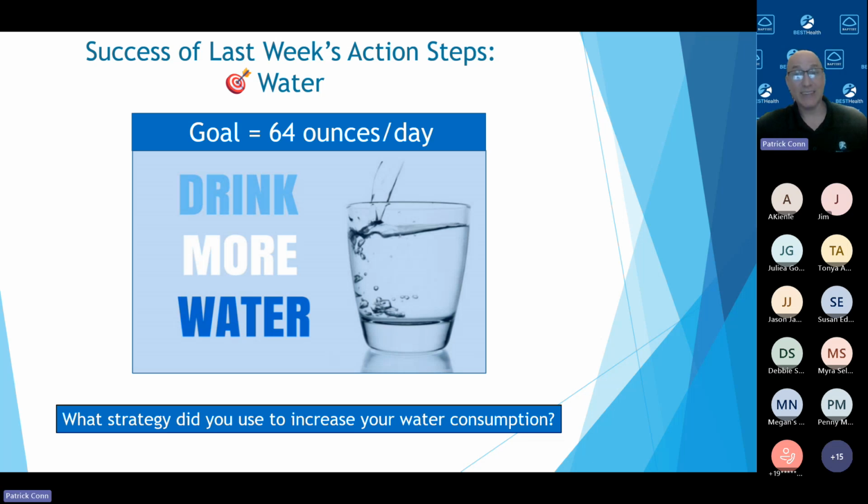Megan has a Bubba keg. She carries around a 50-ounce Bubba keg with her daily and usually fills it up 3 to 4 times a day. I think you're winning the prize so far, Megan, with the ounces. Anyone else want to mention any strategy you use to increase your water consumption?